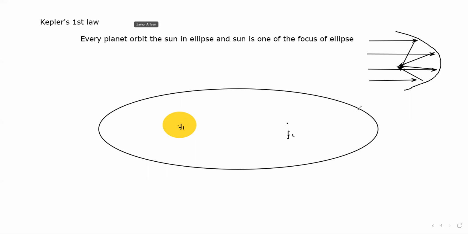Then Kepler's second law is actually an extension of the first law. What is Kepler's second law? It states that a planet sweeps out equal areas in equal times in its orbit around the Sun.